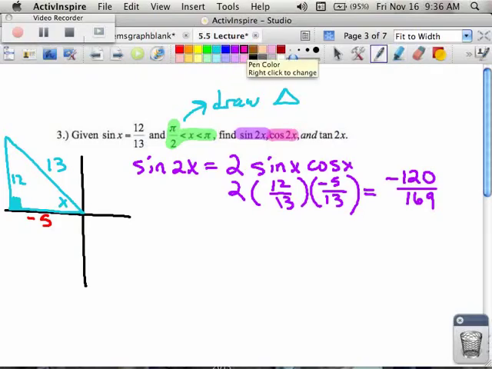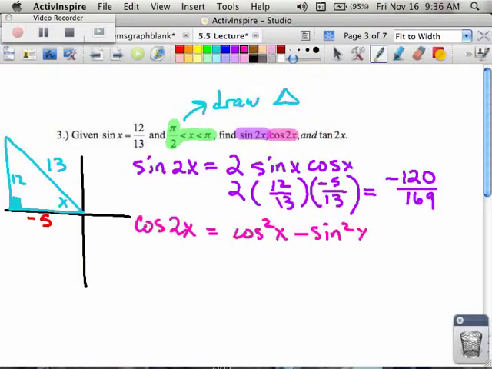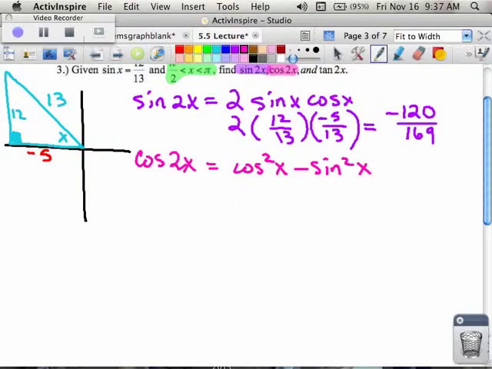If I simplify that, I get 25 over 169 minus 144 over 169 for a grand total of negative 119 over 169. That's our cosine of 2x.